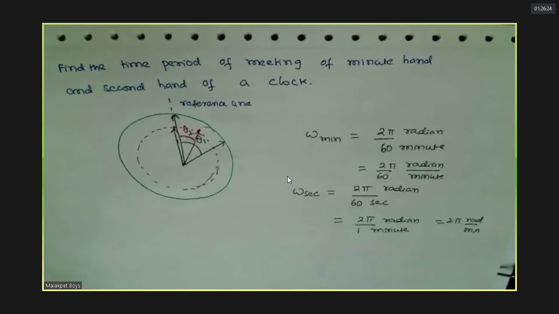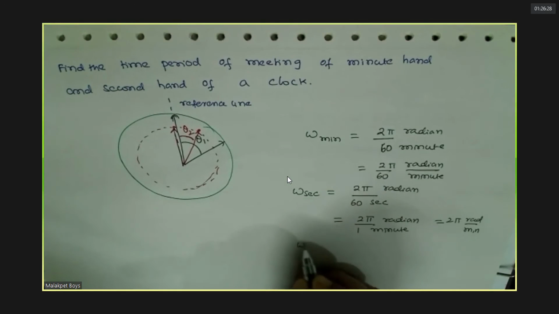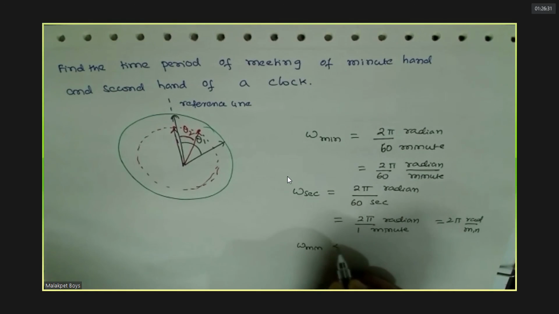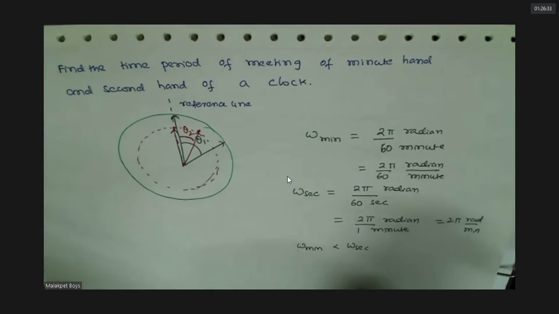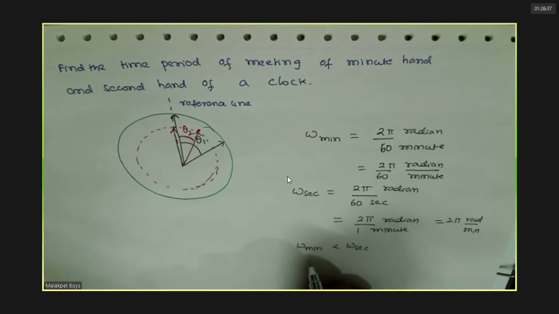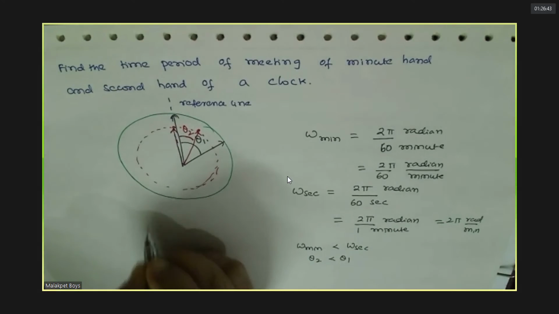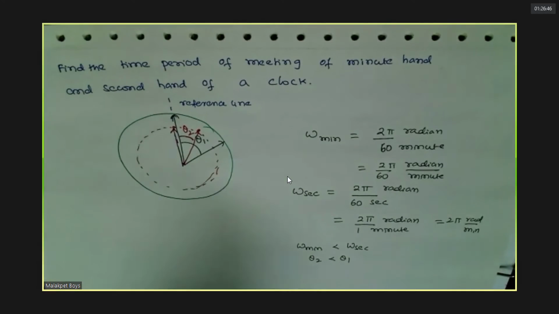Now from this you can see which is having more speed. Denominator is more, no? So this implies that theta 2 is less than theta 1. So now what is the angle between theta 2 and theta 1?